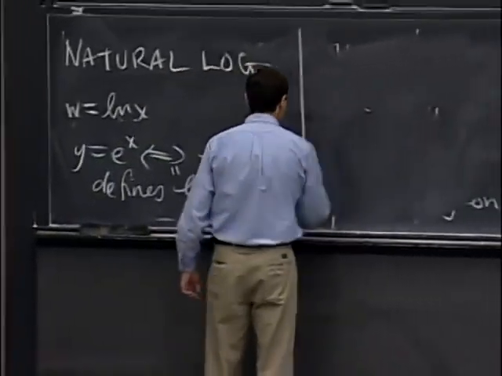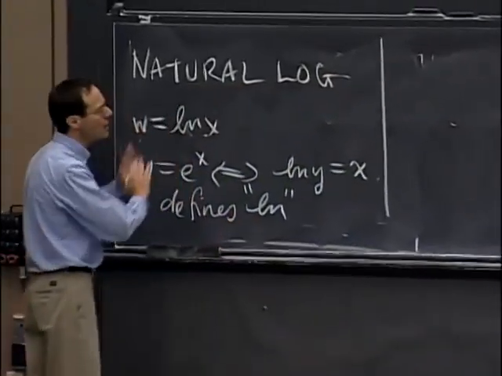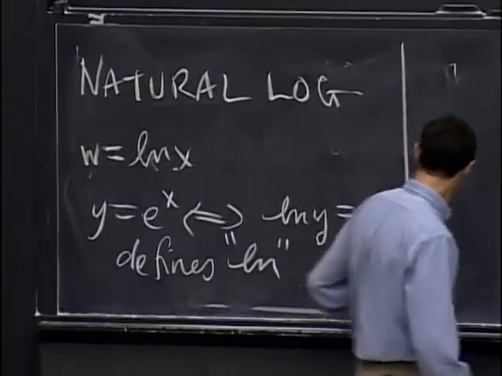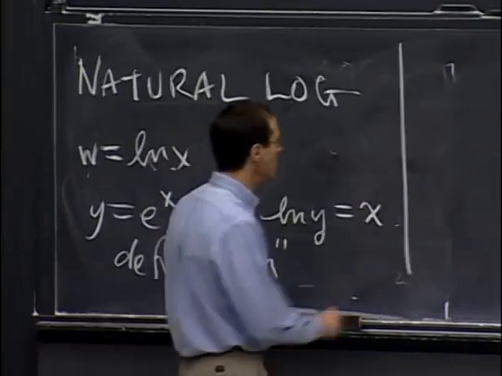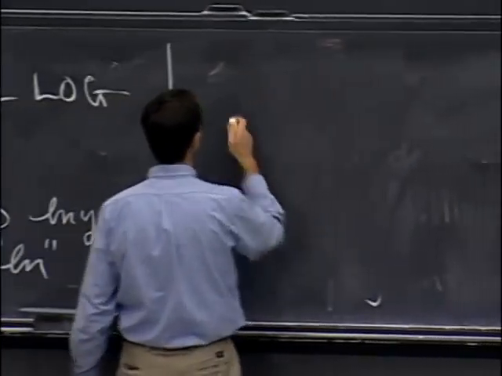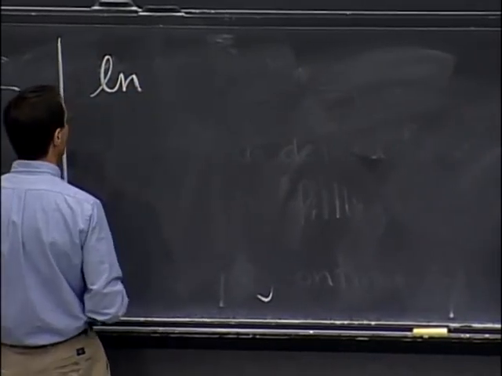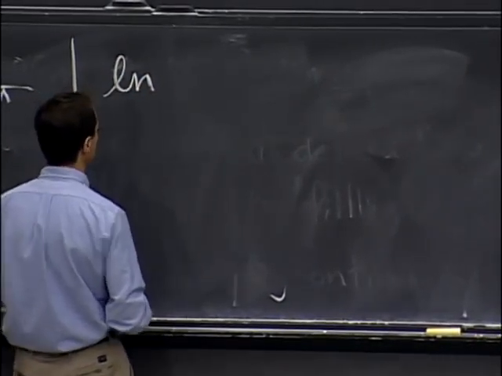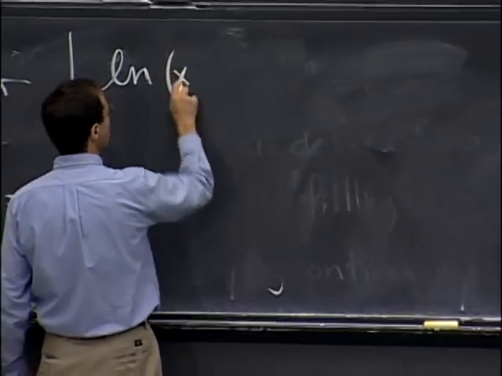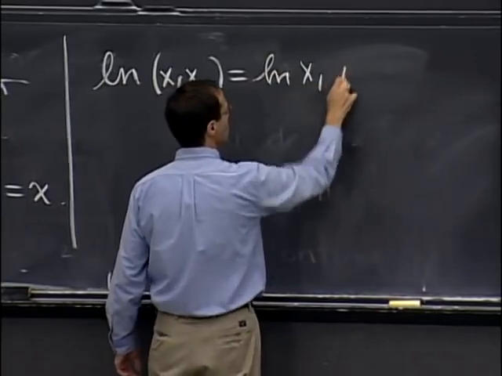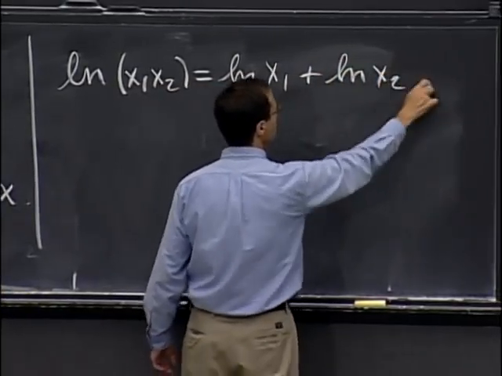Now, the logarithm has a bunch of properties, and they come from the exponential properties. And in principle, you remember these. I'm just going to remind you of them. The main one is that the logarithm of x1 times x2 is equal to the logarithm of x1 plus the logarithm of x2.